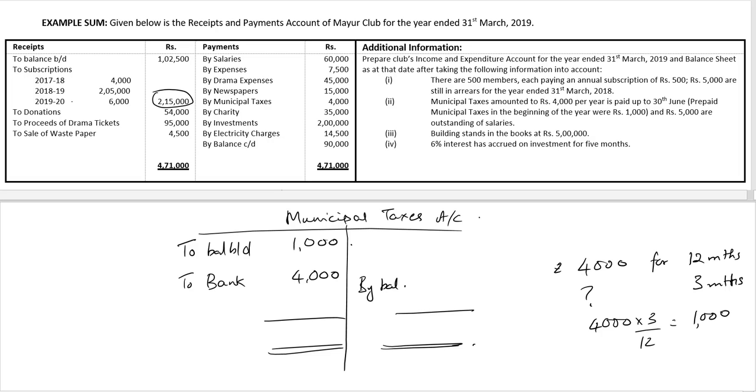So the closing prepaid municipal taxes, since it's paid for 3 months extra, by balance carried down is 1,000 rupees. And the amount to be taken to the expenditure side of the income and expenditure account is 4,000 rupees.